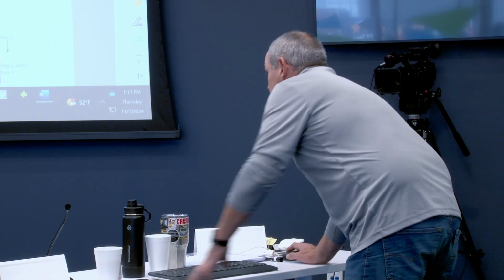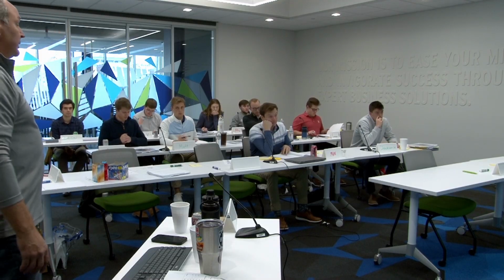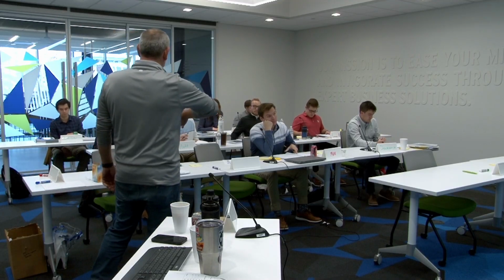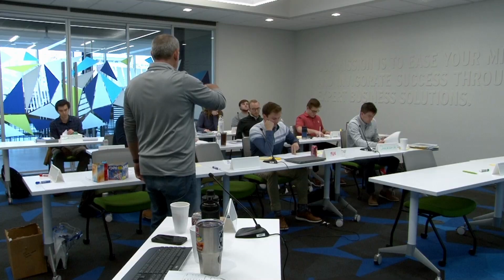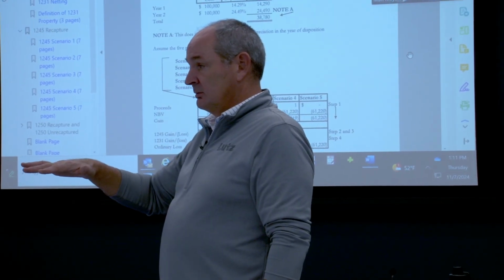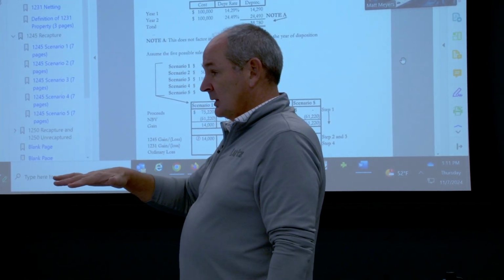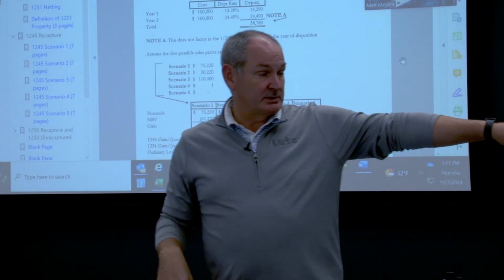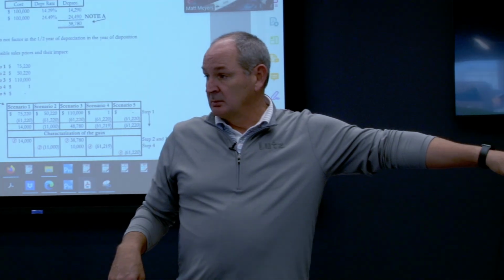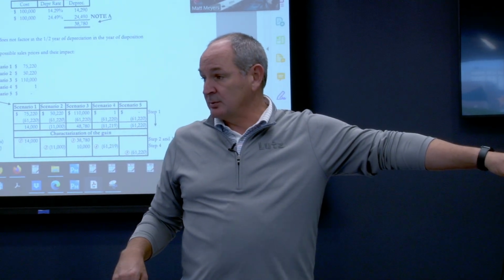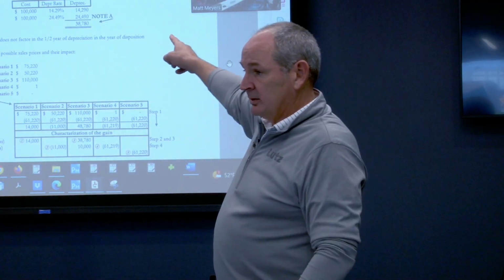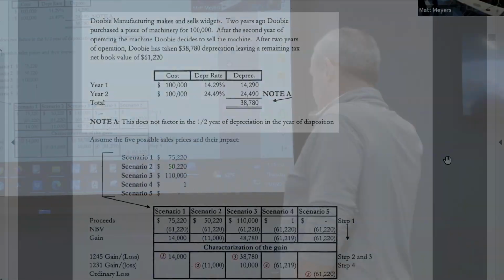So for everything we're talking about in this section, we're going to be talking about 1245. So 1245 is tangible personal property, is it not? Okay, so this is tangible personal property used in the trade or business. So Carter, what's my fact pattern up here?